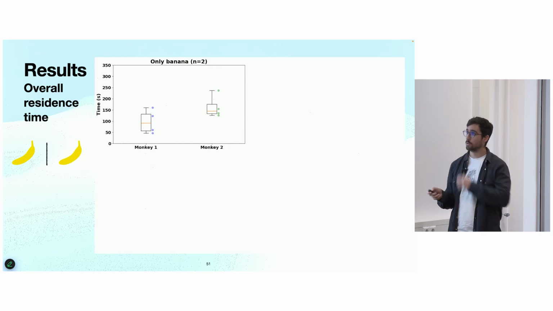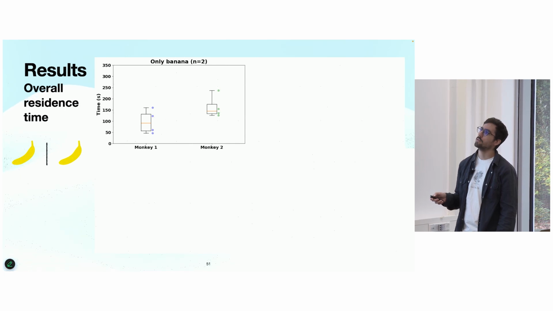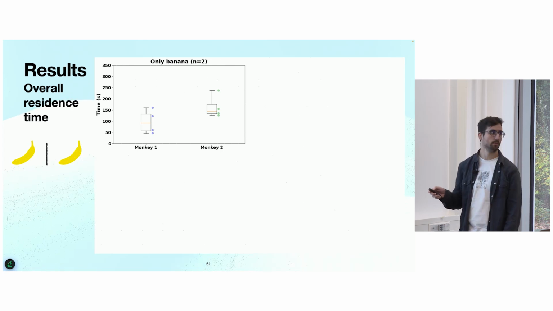So when we present only banana for the animal, we can see that monkey number 1 spends around 100 seconds in that patch on the left, the patch with banana. And monkey number 2 spends a little more. Okay, so this is the average data from only 2 experimental days.